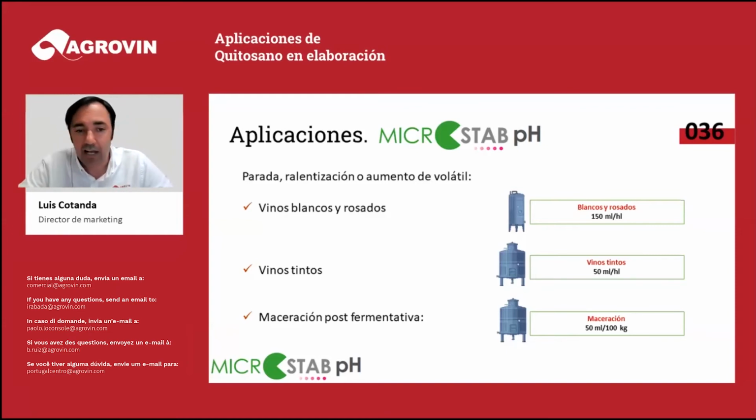In the case of white wines or rosé wines, as we don't want to have the malolactic fermentation, 150 milliliters per hectoliter would be enough.